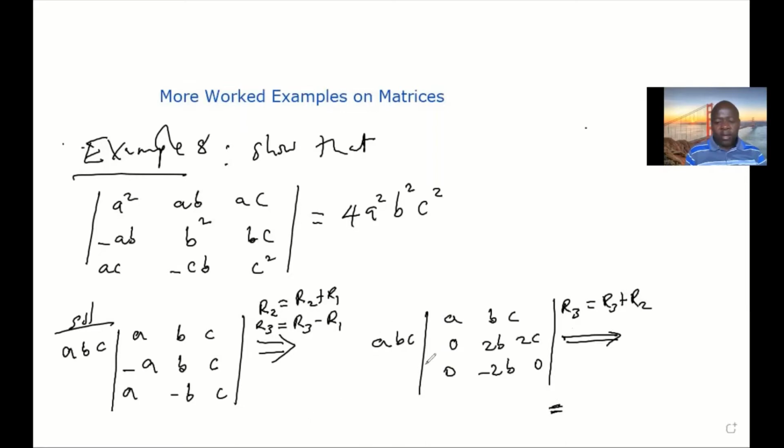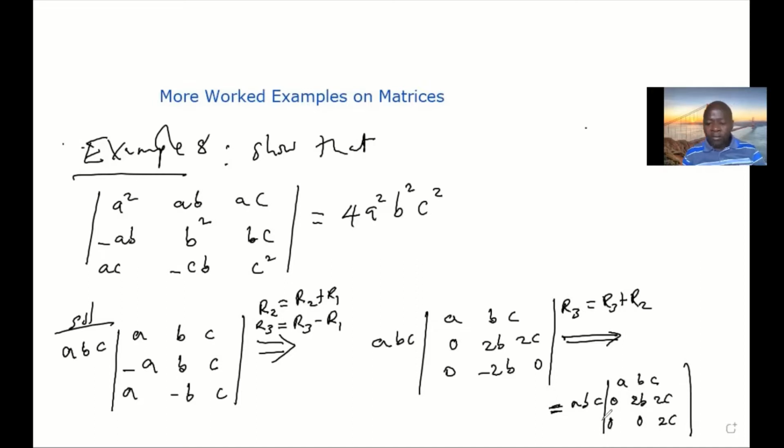I already have ABC outside. Row 1 remains where it is, and row 2 remains the way it is. Add row 2 to row 3 and you have a 0 here, a 0 here, and you have 2C.